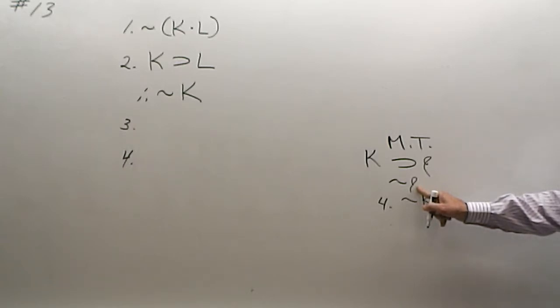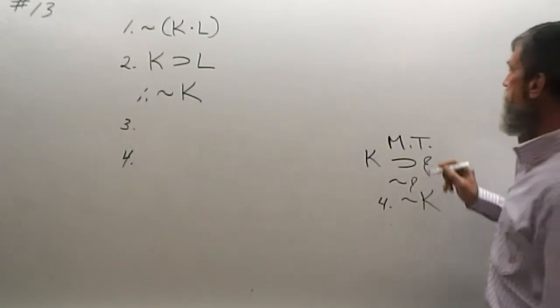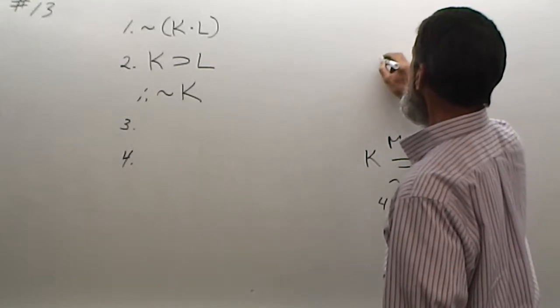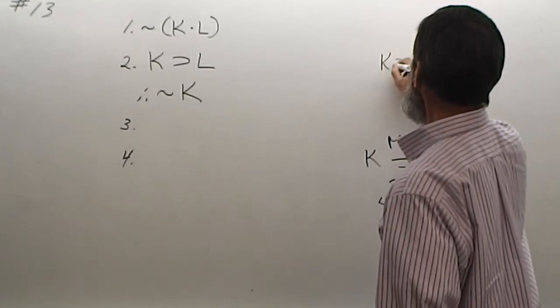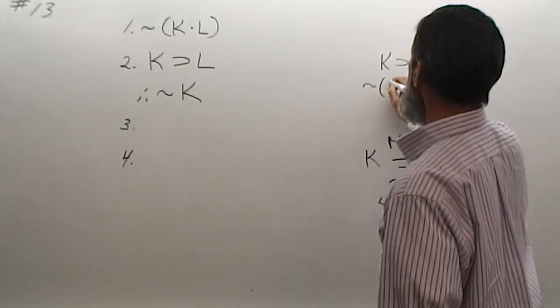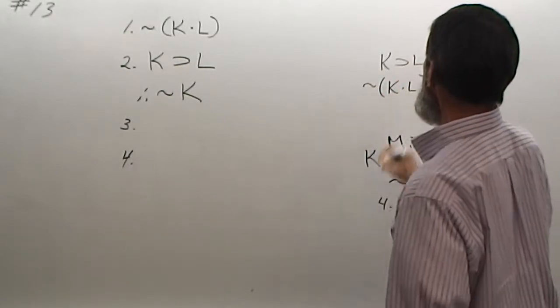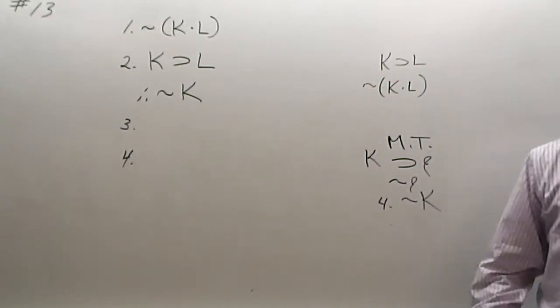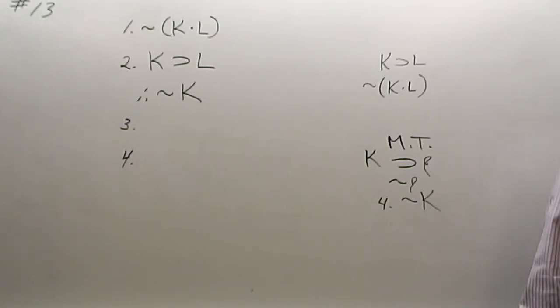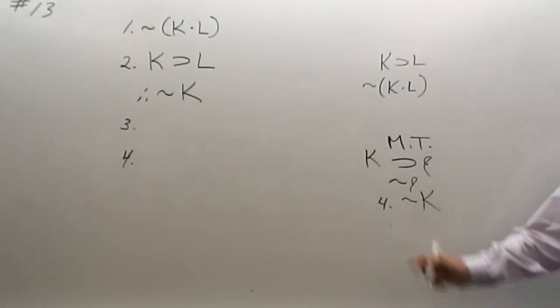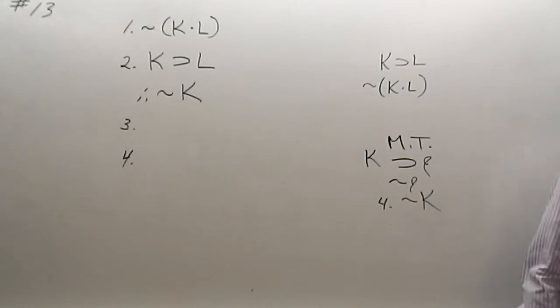It's a negation. But there's a problem. Those are not the premises of modus tollens. Right? These components have to be the same replacement for Q. So what do?